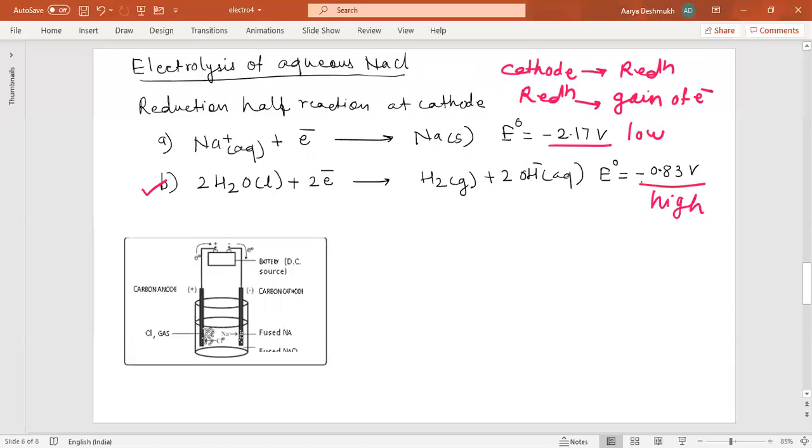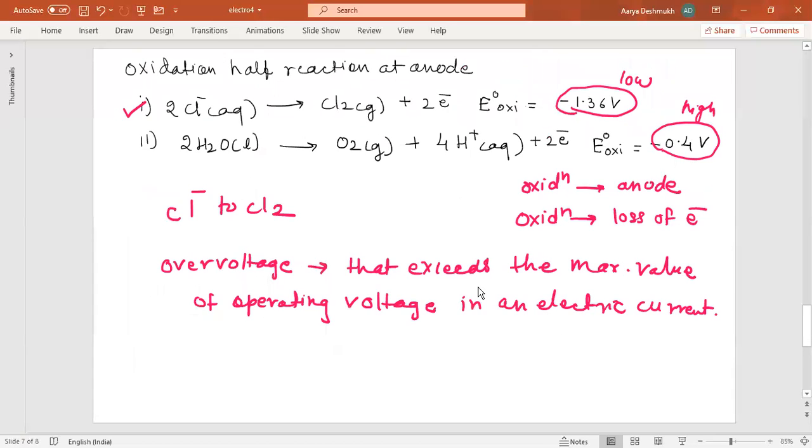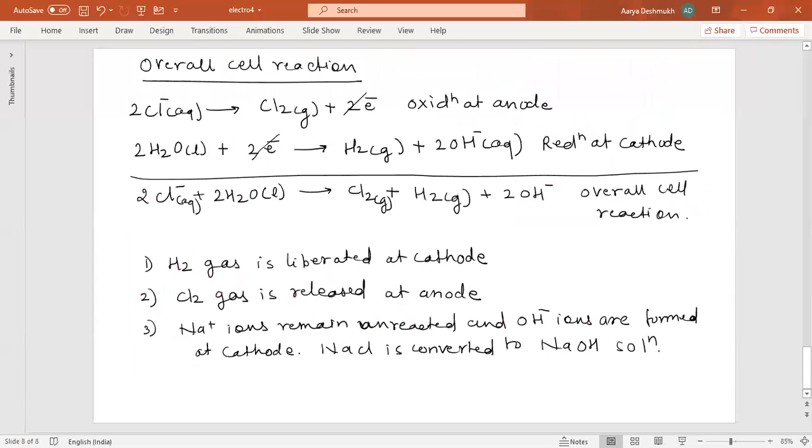Now, when you write the net cell reaction here, we'll have to take into account the tick mark reactions. So I can write the overall cell reaction: 2Cl minus gives Cl2 with loss of 2 electrons. So it must be an oxidation at the anode.